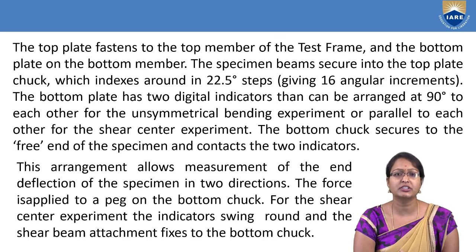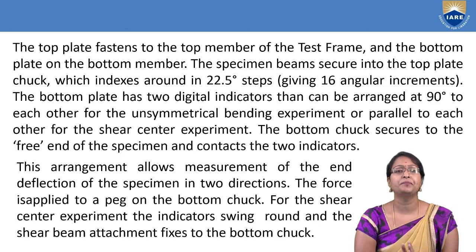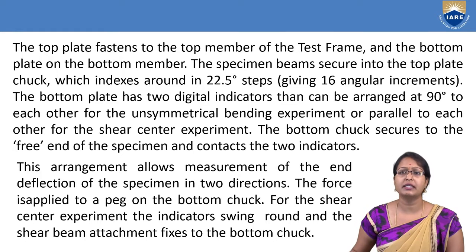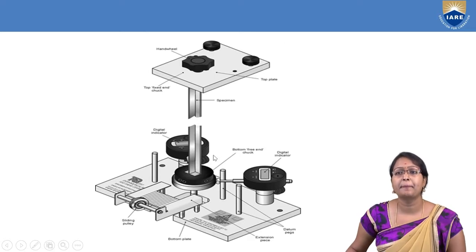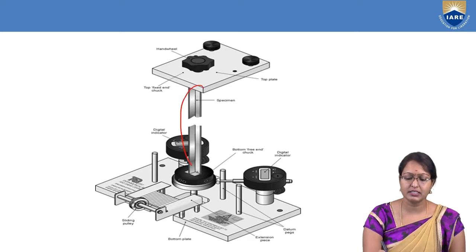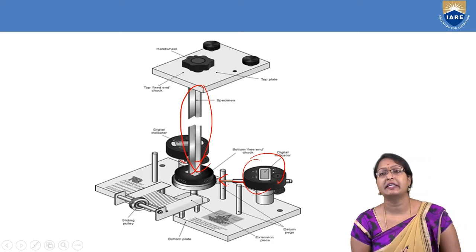The bottom chunk secures to the free ends of a specimen and contacts the two indicators. When we see this, these are the two deflection indicators to which we are going to add our specimen. This is the beam setup that we adjust in such a way that the deflections can be detected by these indicators.